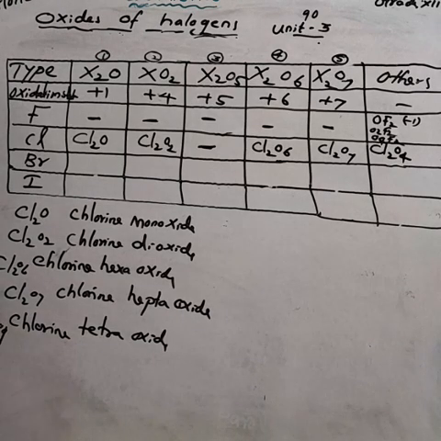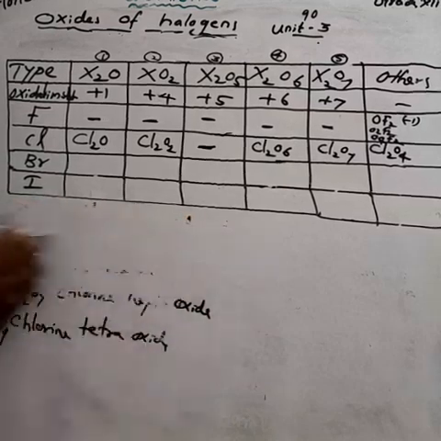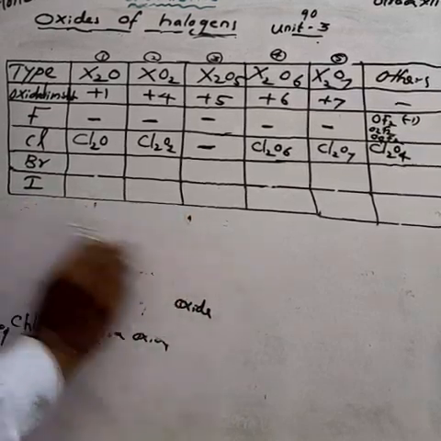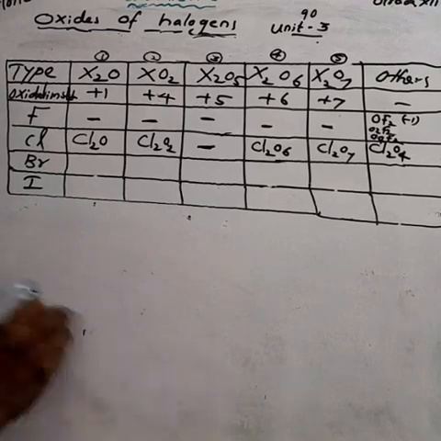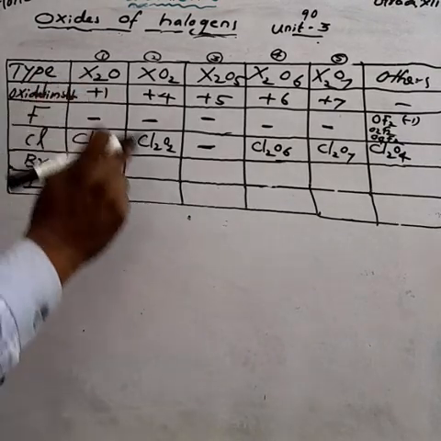Next halogen is bromine. Bromine can also form the types X2O and X2O3.